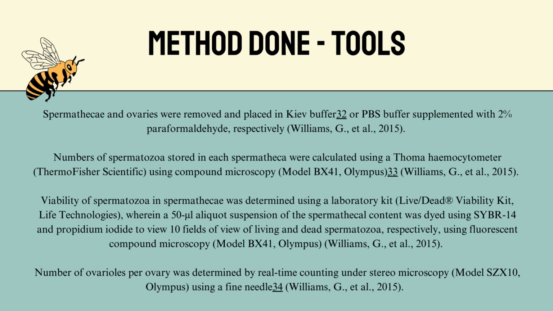They were also able to check the viability of the sperm using a laboratory kit listed here and suspension solution. And lastly, they could see the number of ovaries by using real-time counting under a microscope and a fine needle.